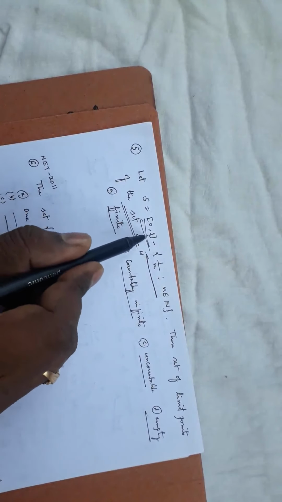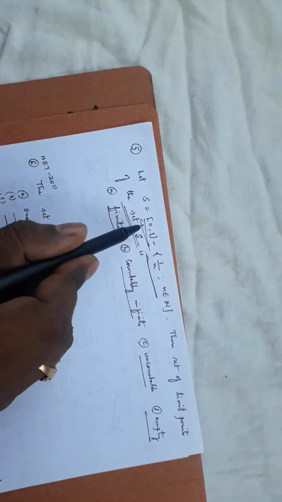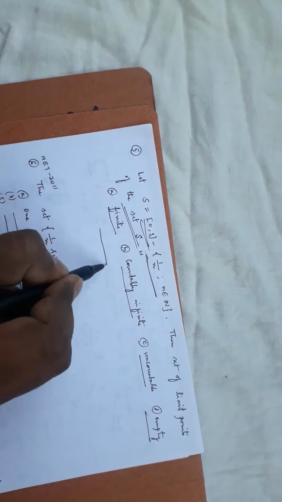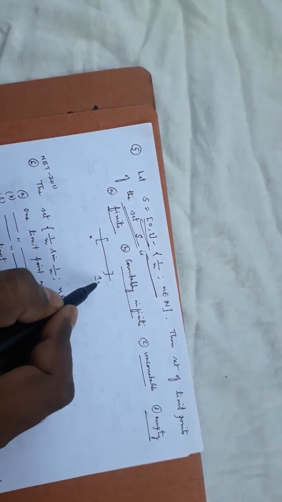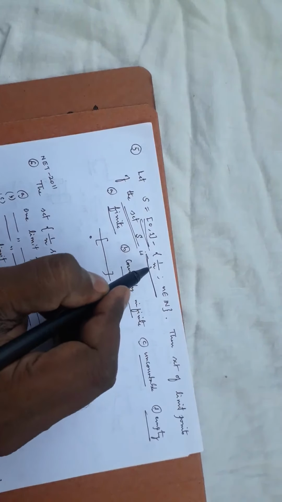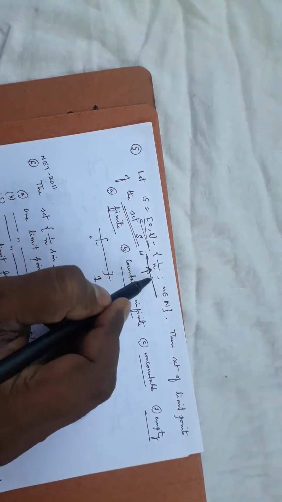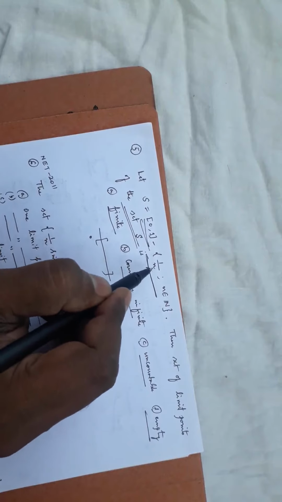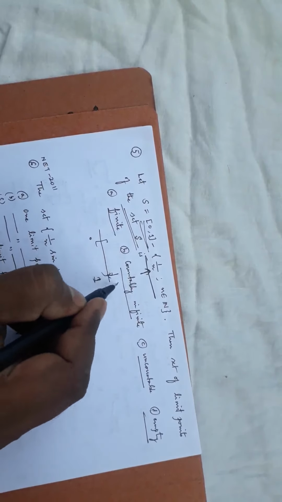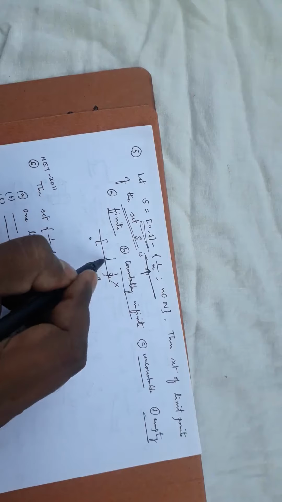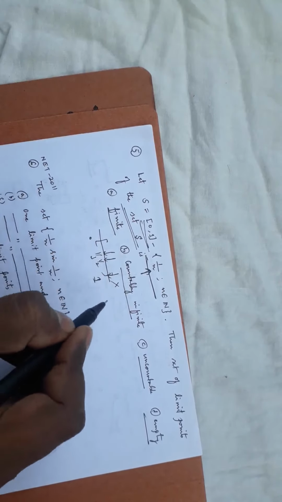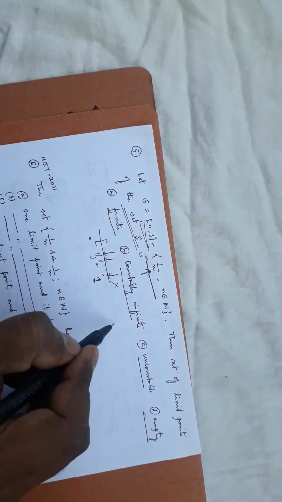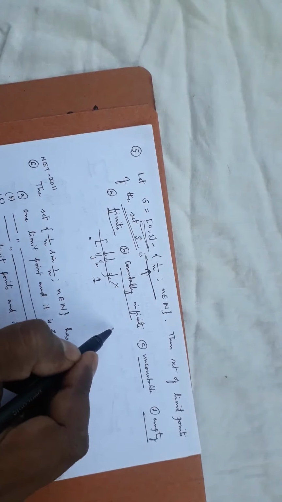Let me look at how the set will look. The closed interval 0 comma 1 is given, and in that you need to omit 1 by n. If n is equal to 1, 1 is left out. For n equal to 2, 1 by 2 is left out. For n equal to 3, 1 by 3 is left out. How will this look? See, it looks like this.